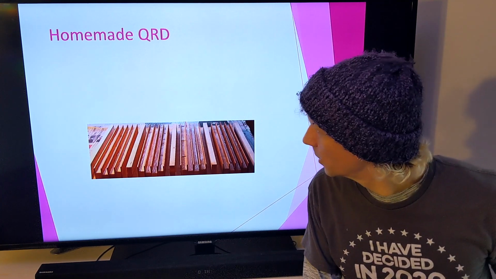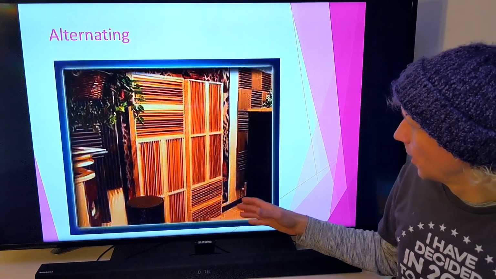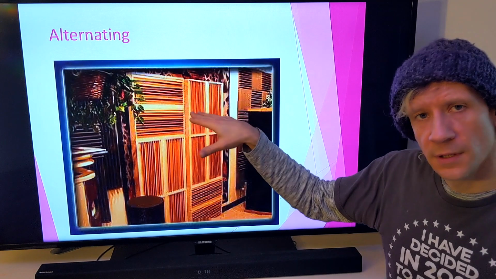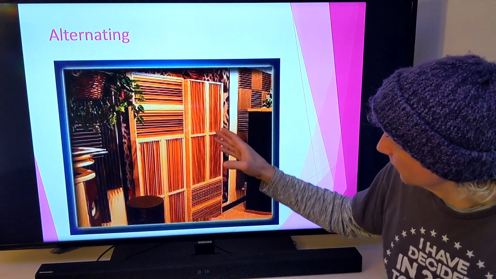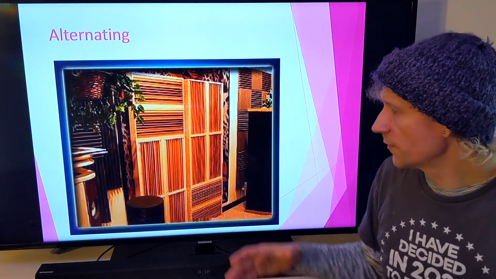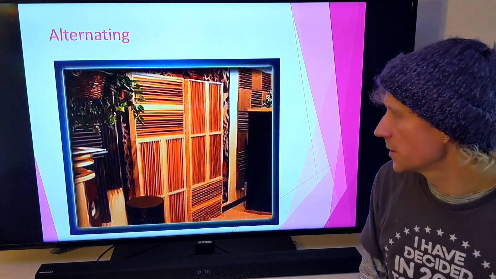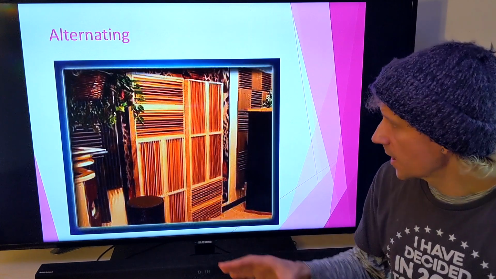Well, I'm going to keep moving on. Here's a purchased one, and you can see we've got them going both vertically and horizontally. Basically the reason for that is when you have a one-dimensional QRD diffuser like this, it only splays out or diffuses sound in one direction.